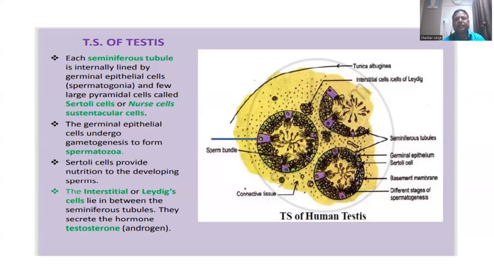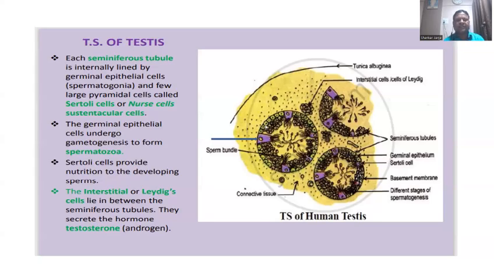Among the seminiferous tubules in the testes, there are endocrine cells called interstitial cells, or Leydig cells. That endocrine Leydig cell secretes the hormone testosterone, which controls the secondary sexual characters of male.